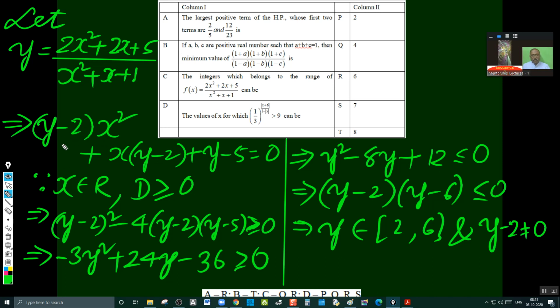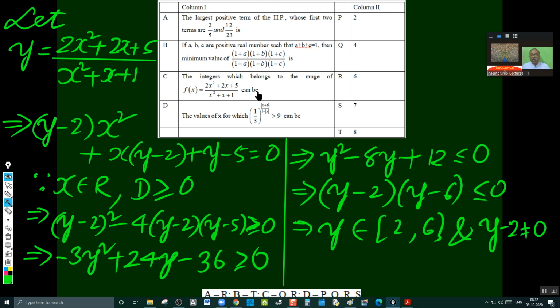It's a very important point to be noted. According to the simplification, according to algebra, we proceed with 2 also, but 2 should not be there for the value of y. That is, y minus 2 not equal to 0. So what are the values here? Can anyone tell me the options here?